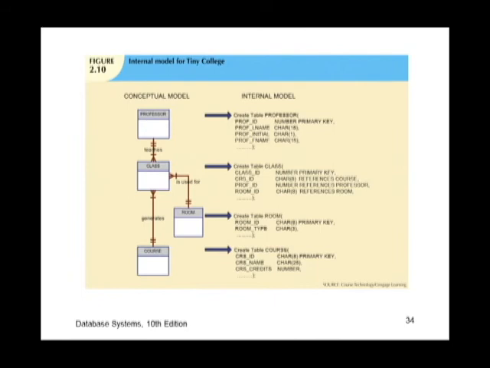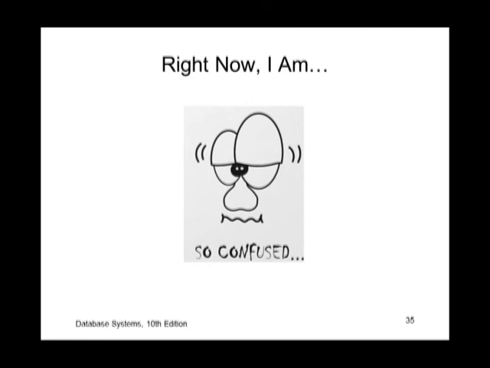Now, we are concerned with the internal model from the standpoint that we are determining how that table will be created. But where we are not concerned is what our database engine actually does with the creation of that table once we have it accurately reflecting our conceptual model.